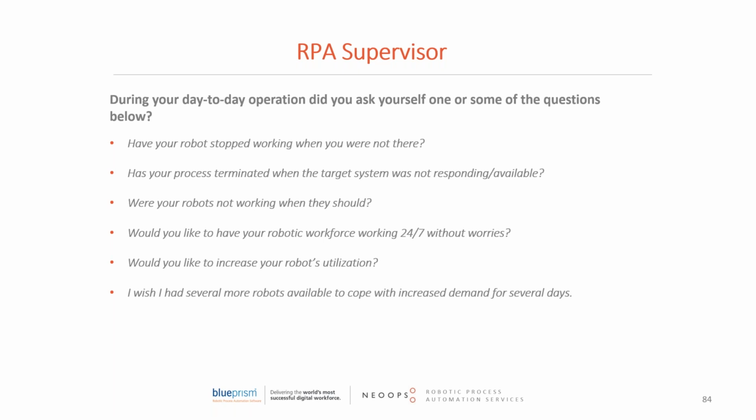If you ask yourself why my robot stopped working when I went for lunch, or why my process terminated when the target system was not responding or available, or why my robots were not working when they should. Many of you are asking, shall we go 24/7?